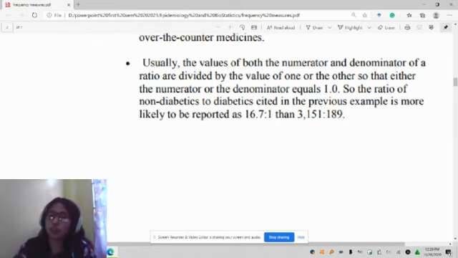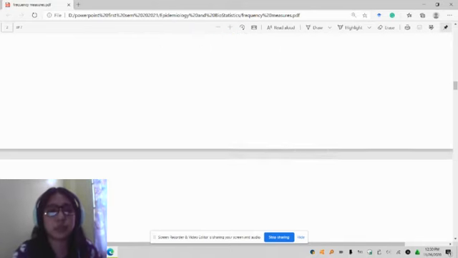Instead of just saying that for every 3,151 there is 189, you divide in such a way that you come up with a value that equals 1, dividing both sides by 189. So 3,151 divided by 189 is 16.7, and 189 over 189 is equal to 1.